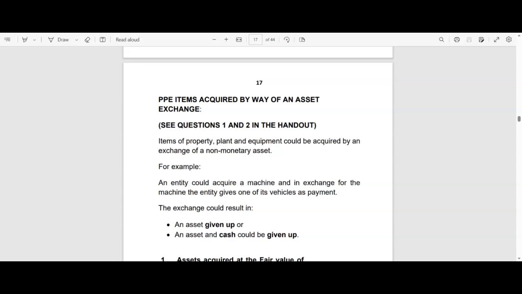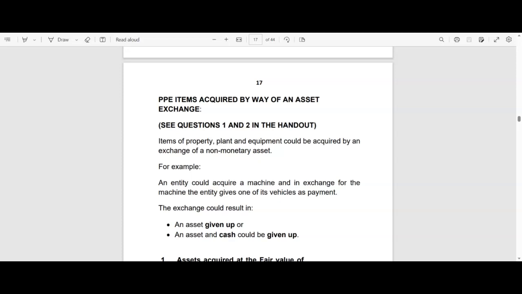You can put down both words there. You've got to capitalize or recognize the new asset, which means we've got to determine a value for it.